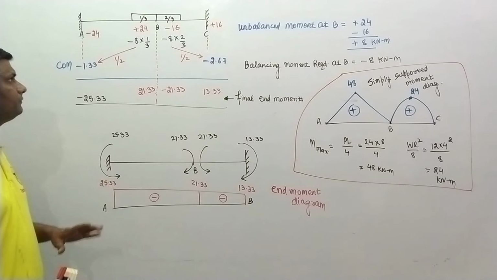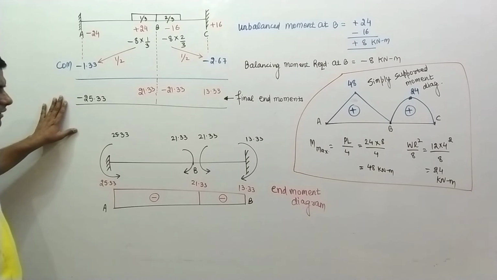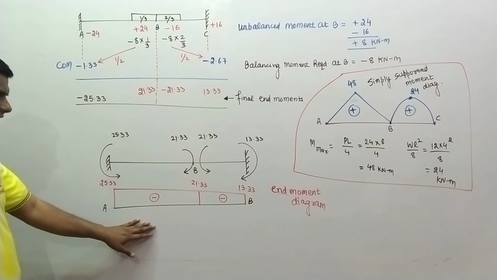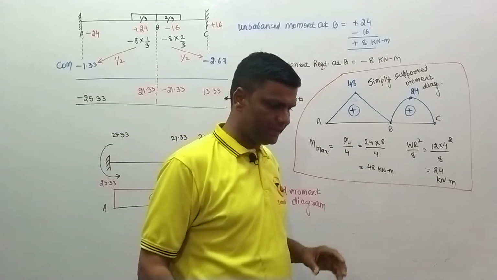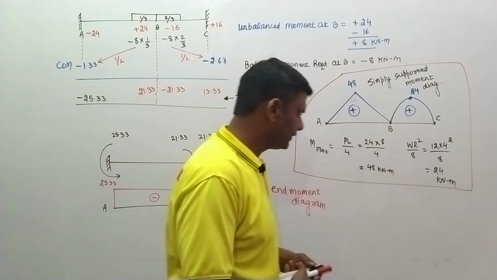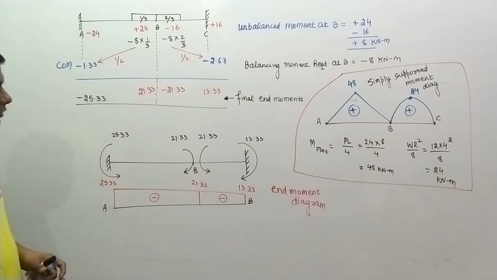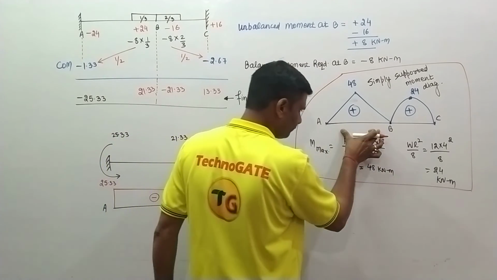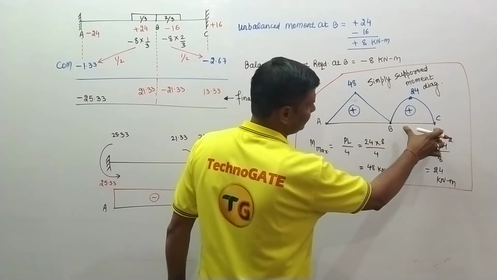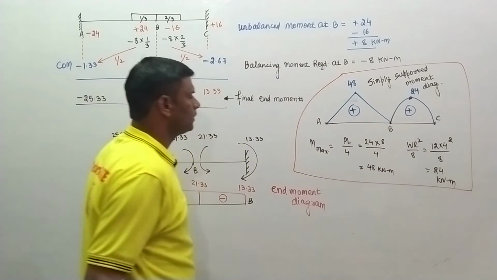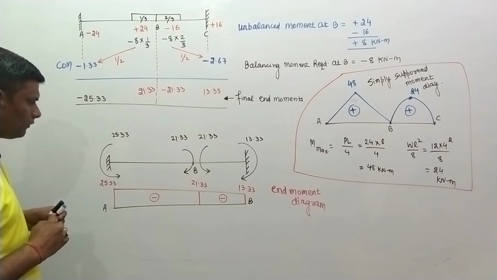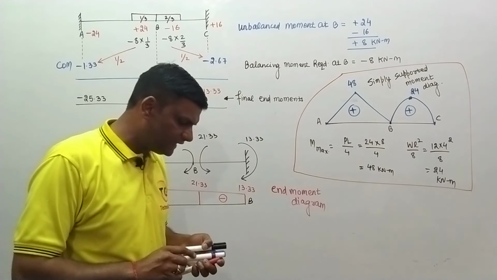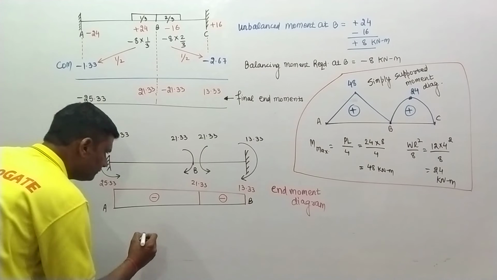Just I have done one thing. I have prepared the distribution table and prepared the end moment diagram and also the simply supported moment diagram. One more thing is also there, my dear students: at the center of this span, a value is there. So we also have requirement of the value of the end moments at the centers of the end moment diagram.